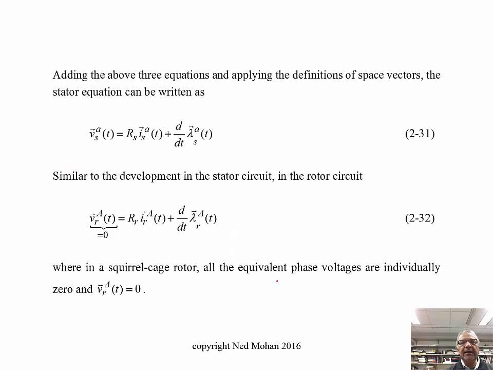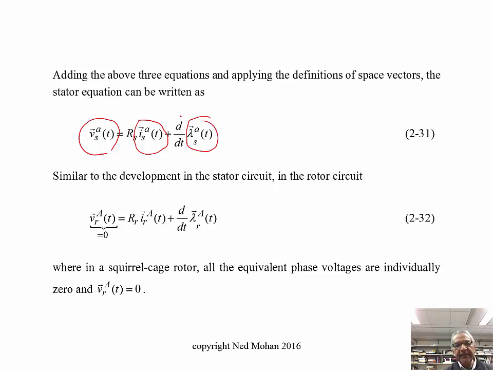So when you add them up, you get this stator voltage space vector, and then the drop due to the stator space vector current, and also d/dt of this flux linkage space vector.